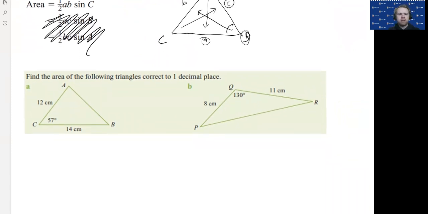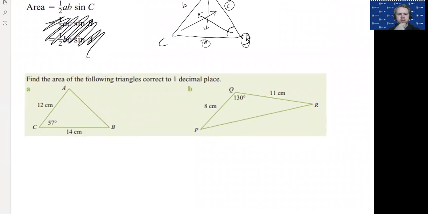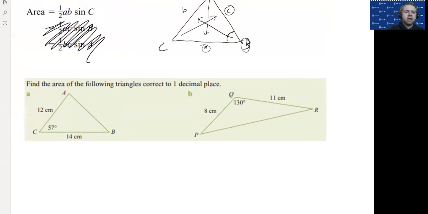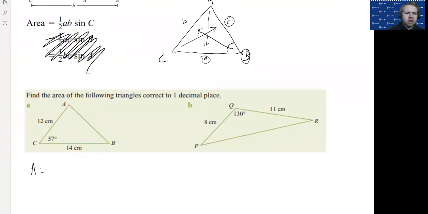Find the area of the following triangles correct to one decimal place. The area is going to be equal to half AB sine C. Now we're going to substitute.